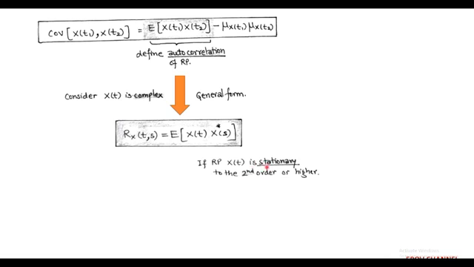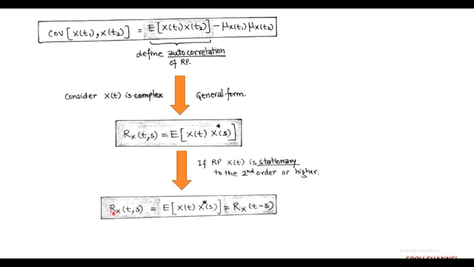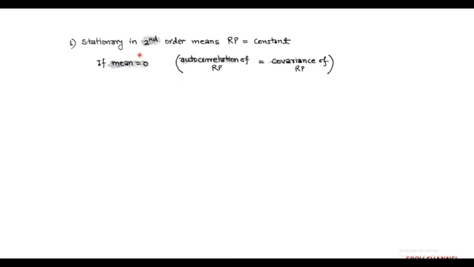Also, if random process xt is stationary with second order or higher order, the autocorrelation function, that is r function t comma s, is equals to r function t minus s. Next, there is an important point regarding stationary random process in second order.